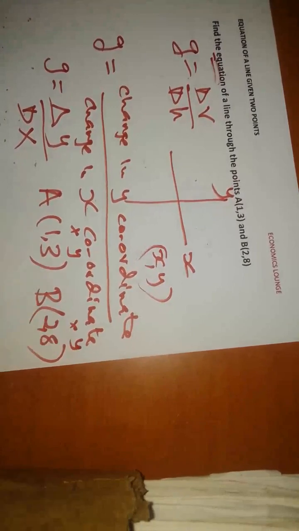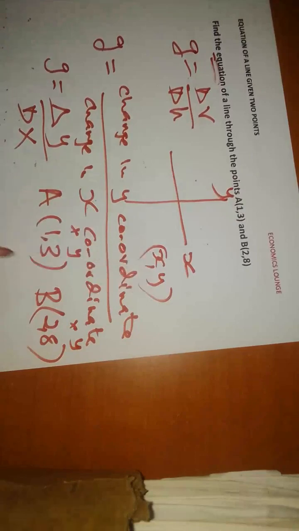If we need to consider the change in y, remember coordinates are expressed in the form (x, y). So 1 here is a representation of x, 3 a representation of y, 2 a representation of x, 8 a representation of y. So if we need to consider a change in y, we're basically going to take one point, say B, whose y is 8.